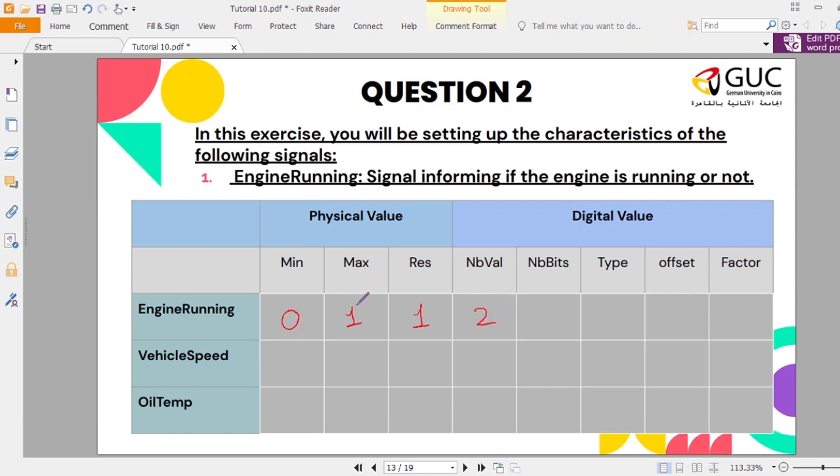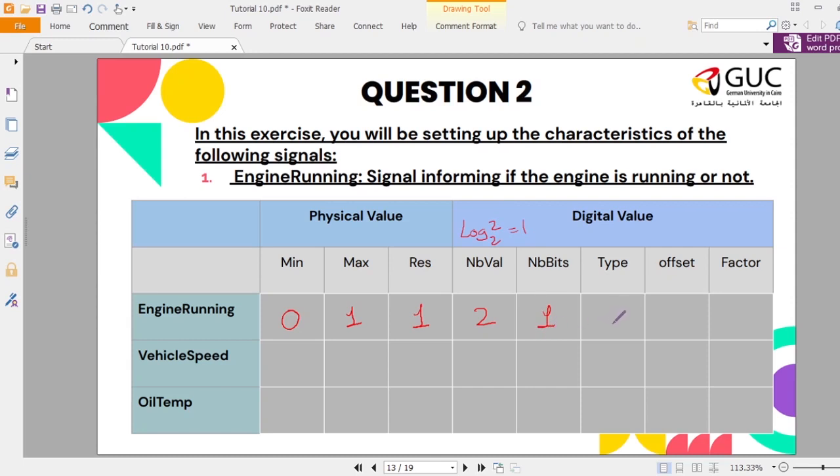To represent the 2 values, how many bits do we need to represent this range? We do log base 2 of 2, which is equal to 1, so it is 1 bit.